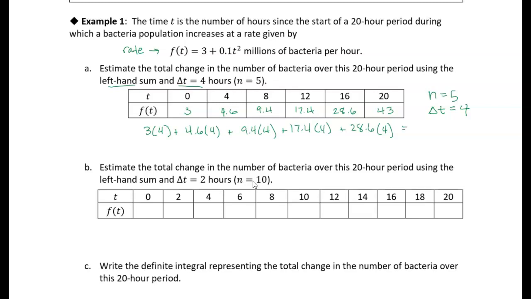Now, when I write this, I typically don't do it this way, because I don't even have to write all of this out. I can just do 3 plus 4.6 plus 9.4 plus 17.4 plus 28.6, and then you can see how this 4 all factors out. So I can write this as 4 times 3 plus 4.6 plus 9.4 plus 17.4 plus 28.6.